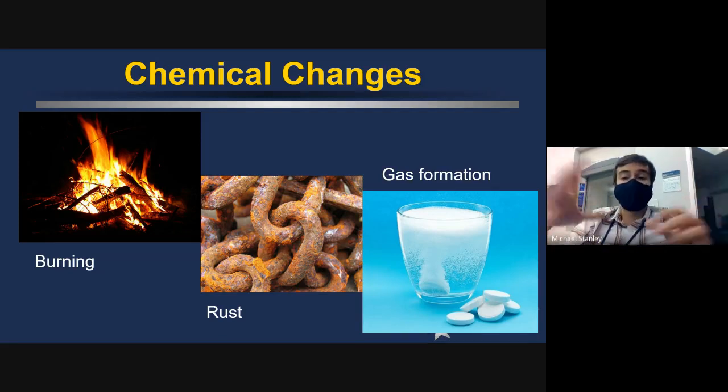So yeah, anytime you have some sort of new gas or new smoke or new compound being produced, that means that you have a chemical change going on. That's the reason why you don't have gasoline coming out the back of your car's exhaust system, right? You put gasoline in, and then it gets used to make your engine go.